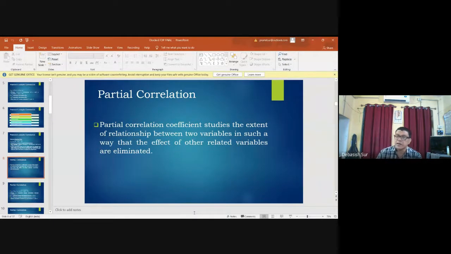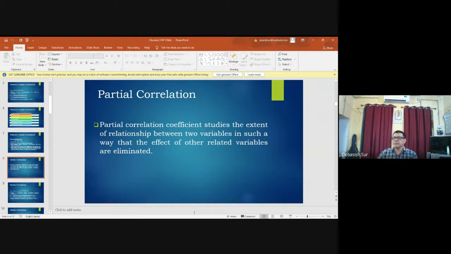That means the degree of relationship between x1 and x2 after eliminating the influence of x3 on x1 and x2 is called partial correlation between x1 and x2.